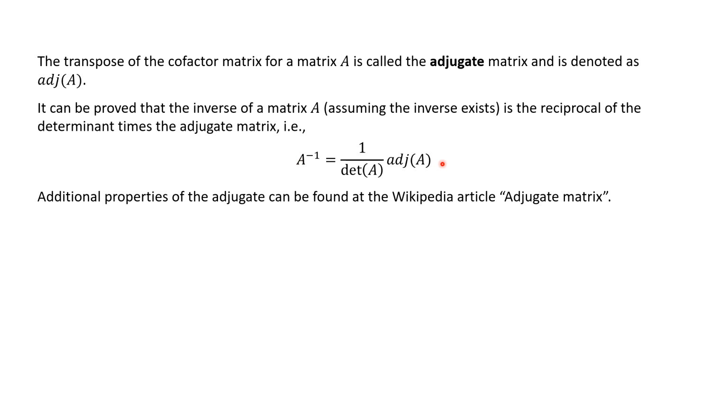So we have this formula for A inverse. And again, this may be useful in some proofs. There's a lot of information and properties on adjugates. I'm not going to go into them here, but the Wikipedia article, Adjugate Matrix, has a lot more information on that particular type of matrix.